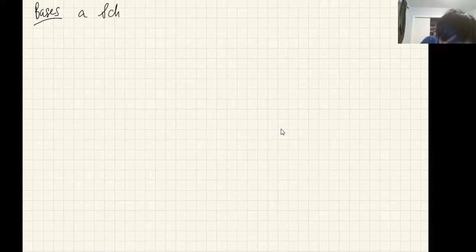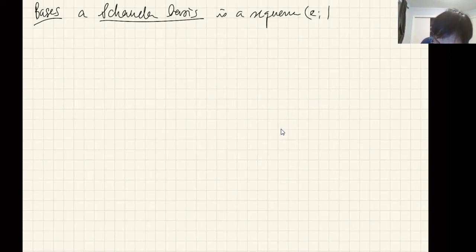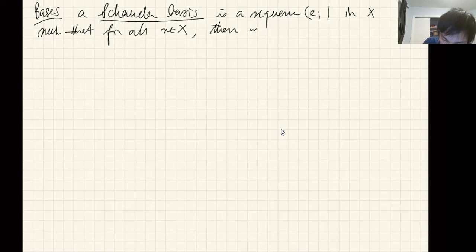A Schauder basis is a sequence ei in X. The sequence ei is a Schauder basis of X if for all x in X, there is a unique expression of x as a convergent sum, i equals 1 to infinity, of ai ei.